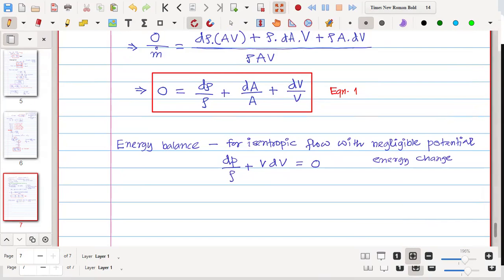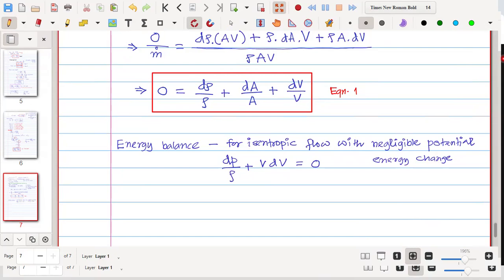Okay. So for this, we can write this. Okay. Next, our target is to calculate the variation with the area of the velocity. So what should I do here?